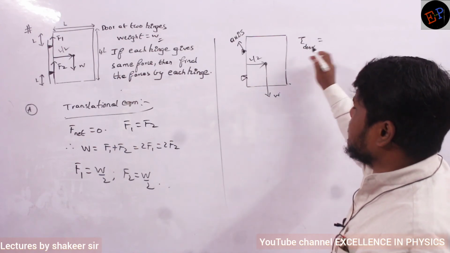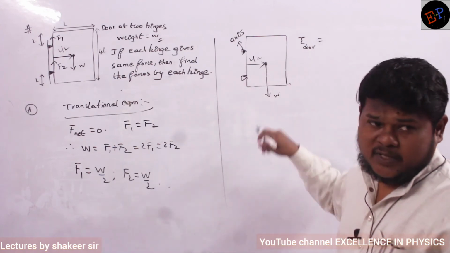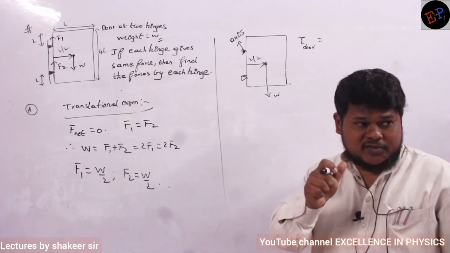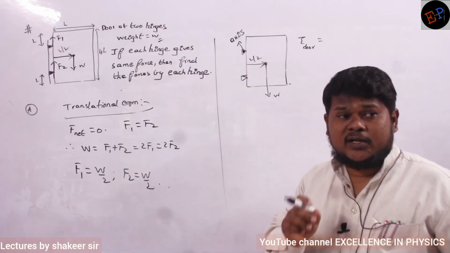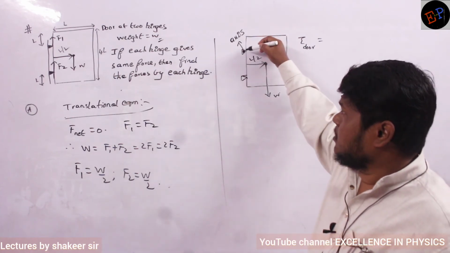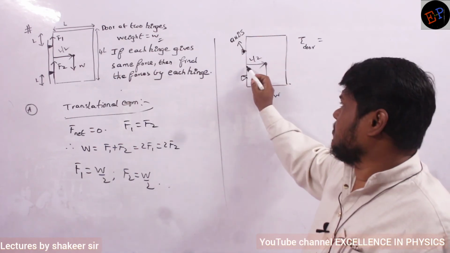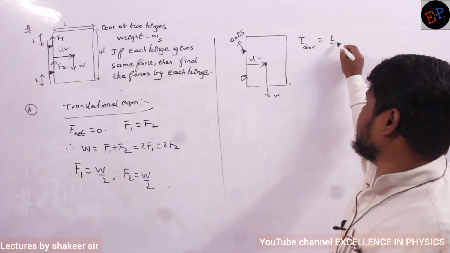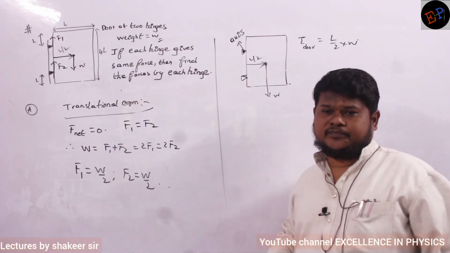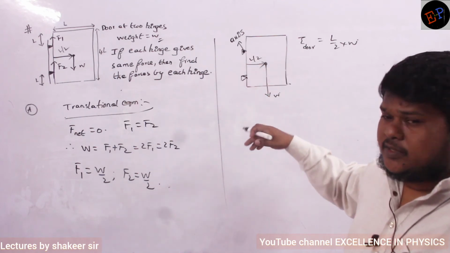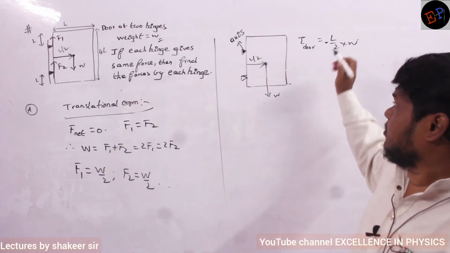Torque due to the door is R into F. From this axis, the perpendicular distance is L by 2 and the force is W. Is it a positive or negative torque? It is clockwise rotation, so definitely this is negative torque.